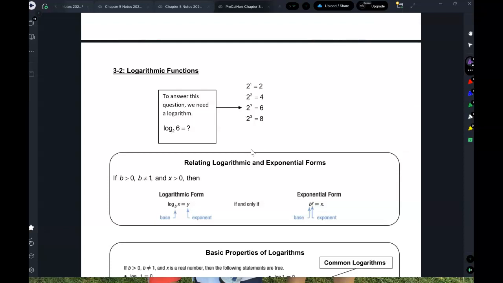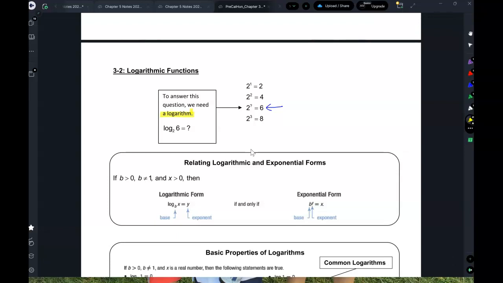So what if I wanted an exponent that would give me a value of 6? In other words, I'm looking for the exponent so that 2 to the power of that exponent equals 6. How would I find that? Well, the answer to that is a logarithm.